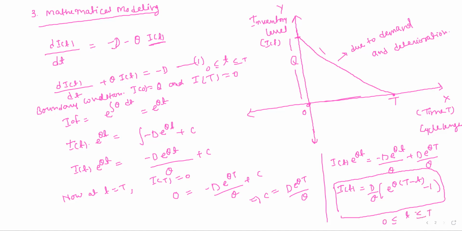Now we find the order quantity. So here we get I(t) equals D upon theta times e to the power theta (T minus t) minus 1. Okay.